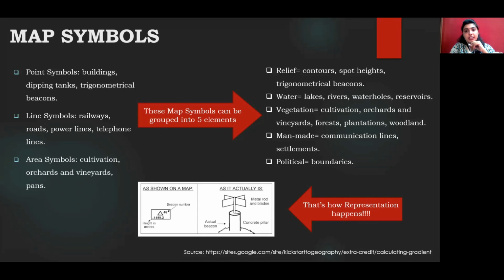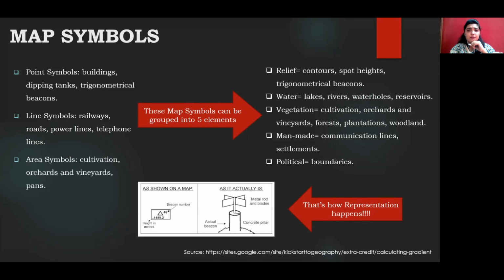man-made and political elements. Your relief features will include the contours, the spot heights, the trigonometrical beacons. Your water elements will include lakes, rivers, reservoirs, and tanks.